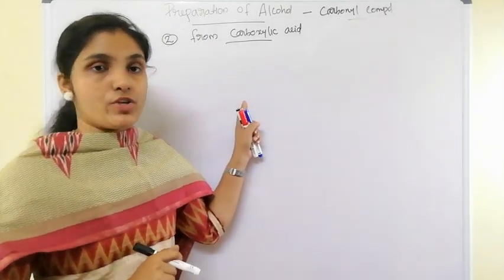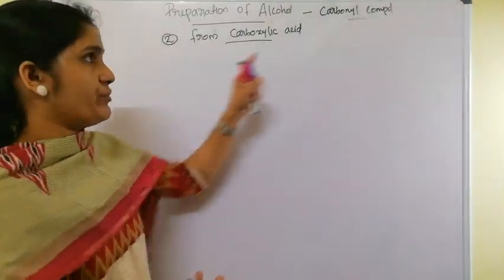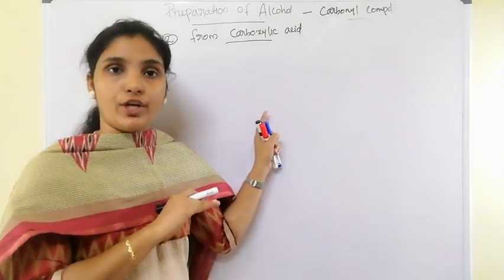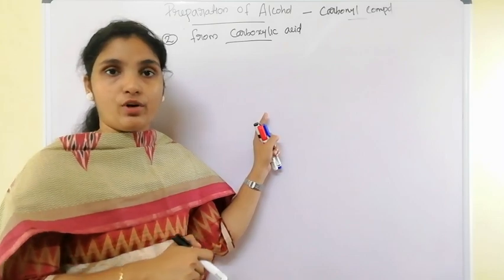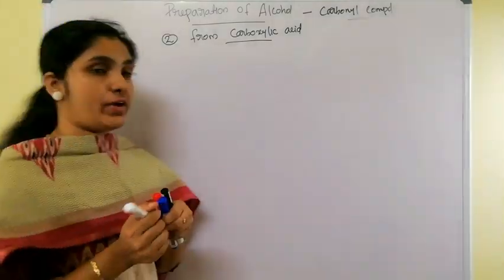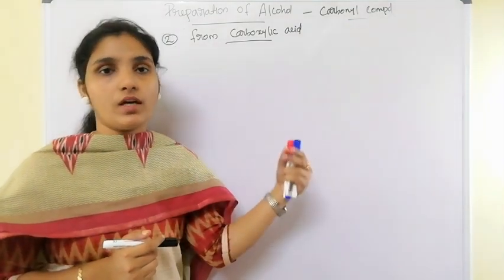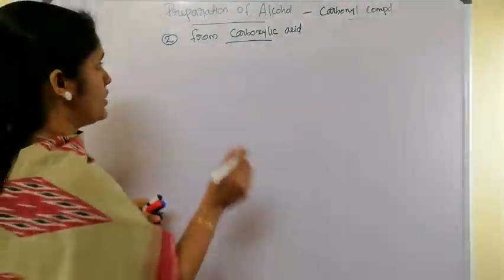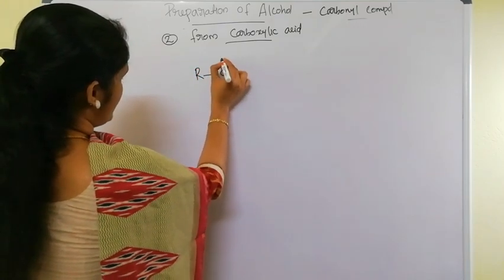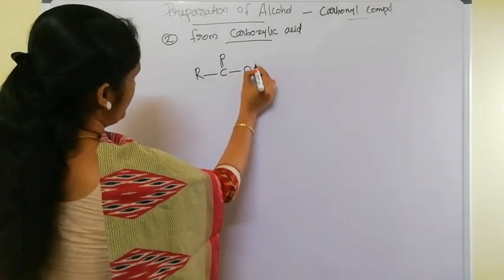The next method of preparation of alcohol, from a carbonyl compound, is from carboxylic acid. Aldehydes and ketones are over. Next carbonyl compound is carboxylic acid. So let's see how we can prepare alcohol from this carboxylic acid. Let's take the general carboxylic acid, represented as RCOOH.